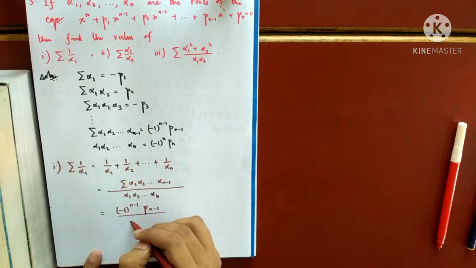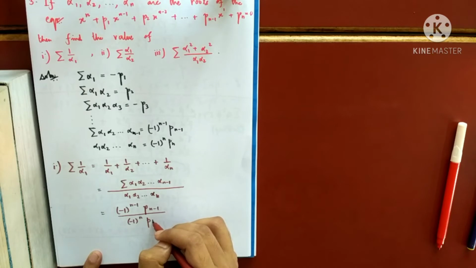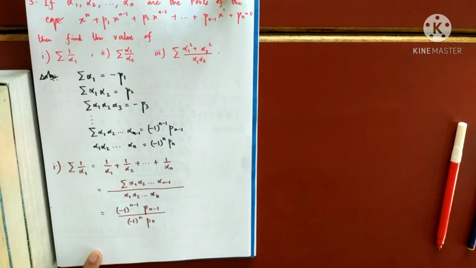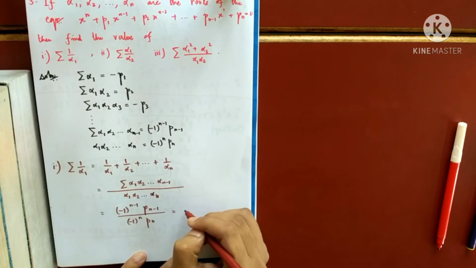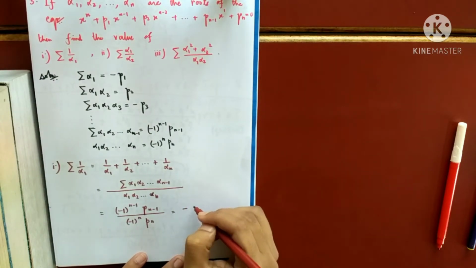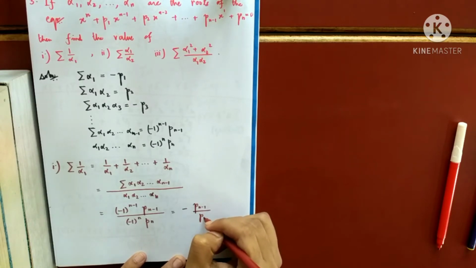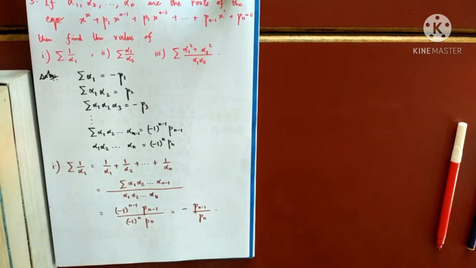That also I know: minus 1 to the power n p n. So what eventually I will get, my answer will be, minus 1 remaining, minus p n minus 1 by p n. So this is my answer.